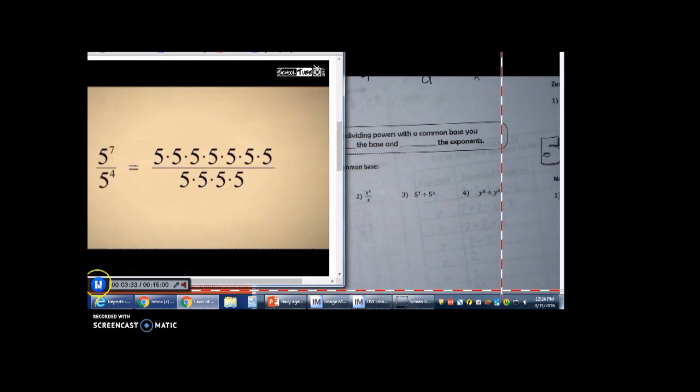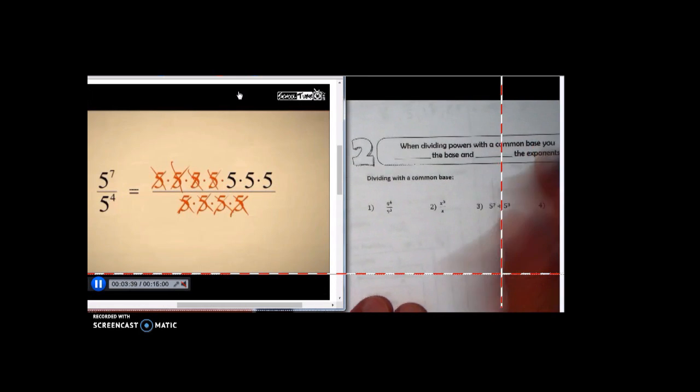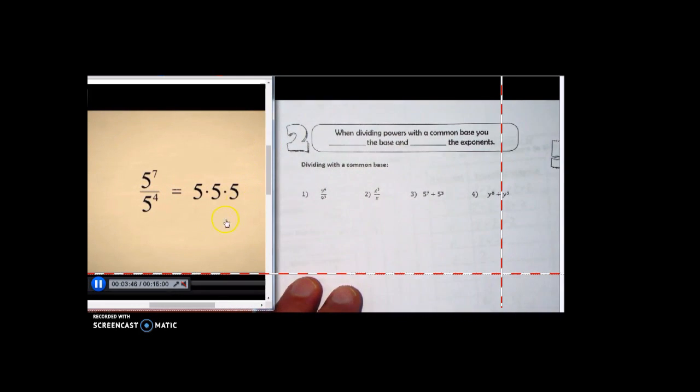Let's try to find it. So rule number 2, after canceling, we are left with 3 5's multiplied together. So 5 to the 7th power divided by 5 to the 4th power is 5 to the 3rd power.